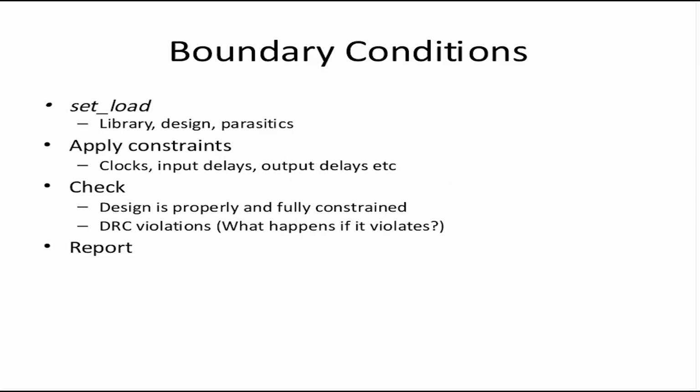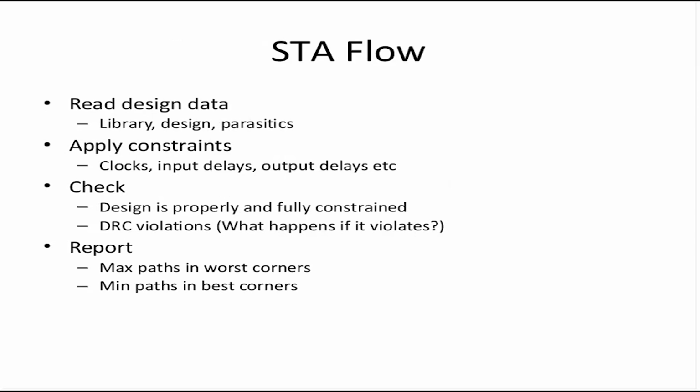So let's summarize the STA flow. Very similar to synthesis, nothing different. Read design data, library, design, parasitics. This is important here. This is new here, apart from synthesis: post-layout STA. Apply constraints. Now these constraints will be slightly more than what we did in synthesis.